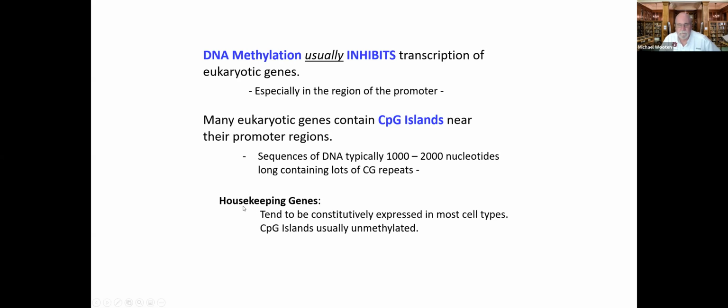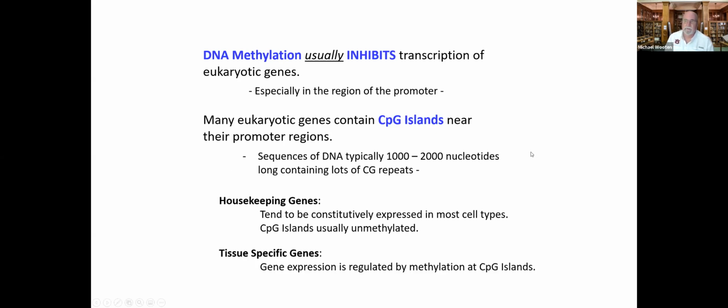These are things like housekeeping genes. Okay, genes that you need in every cell that's going to help the mitochondria work, or transport genes, or P62, sequenceosomes, the HDAC genes, they're turned on constitutively. They generally have CG islands that are unmethylated, although they may be methylated at certain times.